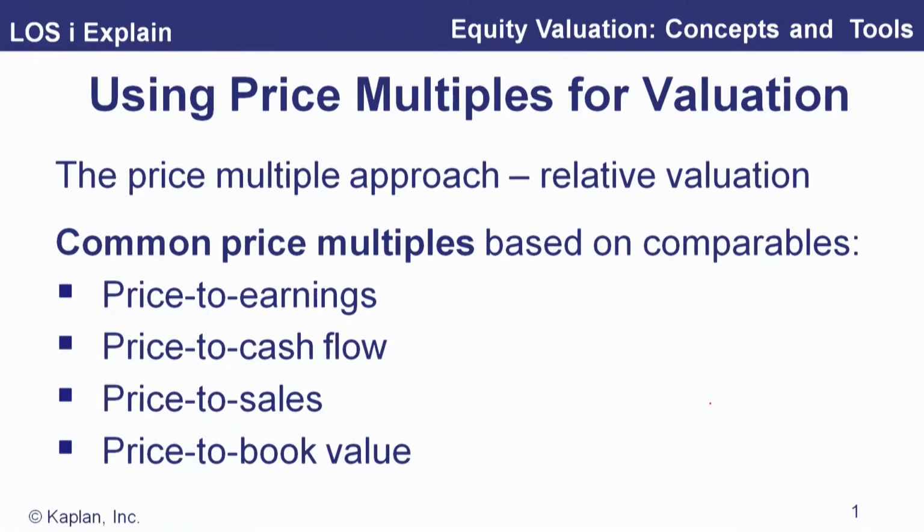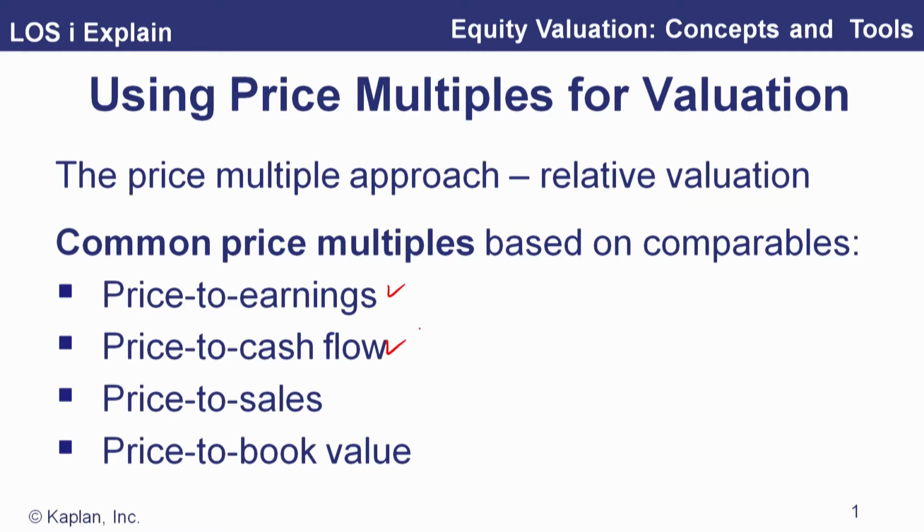Now we'll turn our attention to our relative valuation models using multiples. Our common price multiples are price divided by earnings, price divided by cash flow, price to sales, price to book value. As I mentioned in a prior segment, the easiest way to think about these is how much am I paying per dollar of earnings?